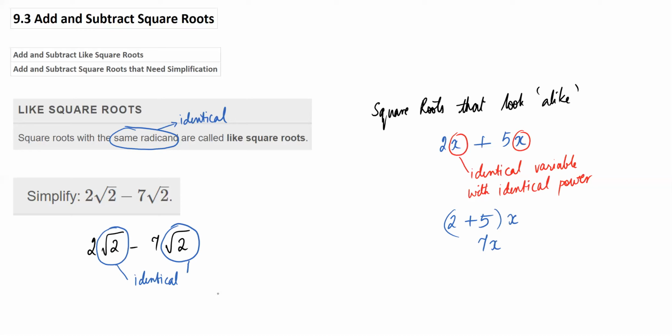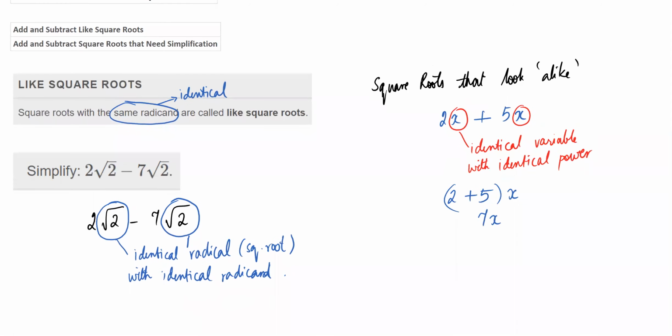Radical meaning the square root. I'll just say square root with identical radicand. Right? So whatever is under the radical symbol, they must match exactly. So do we have that?